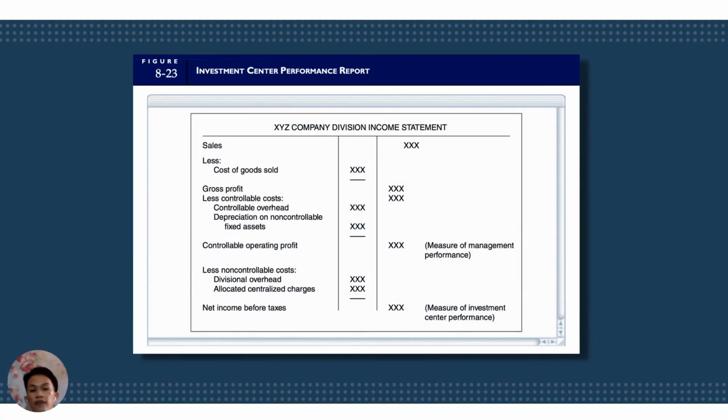The investment center, before taxes, which is our net income, we will take it there for our investment center. Before we deduct the taxes, our EBIT, the income, the net income before the taxes.